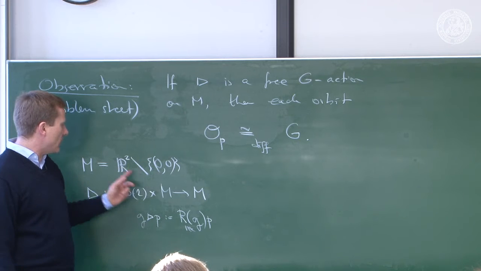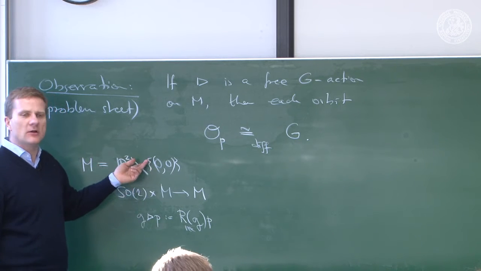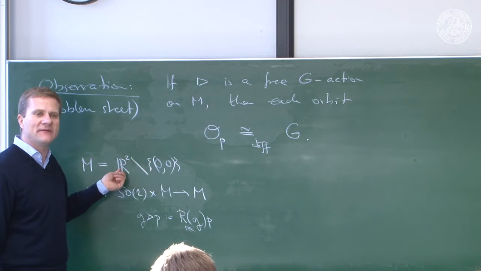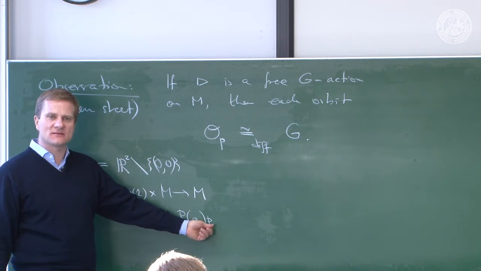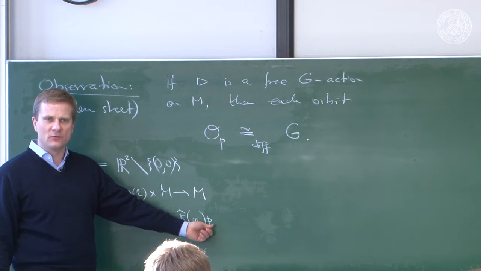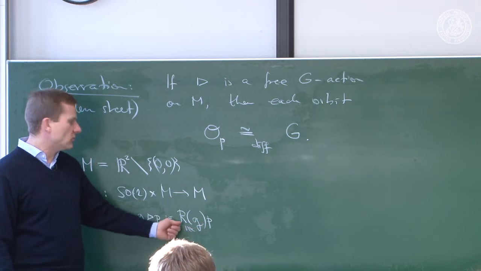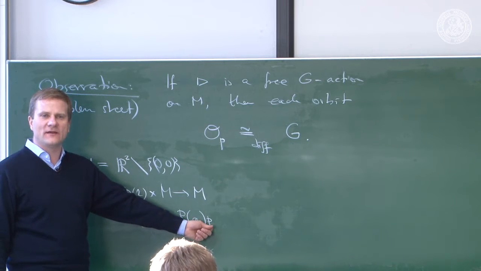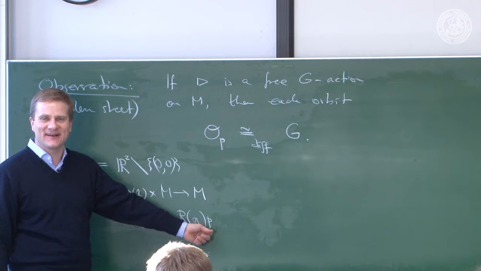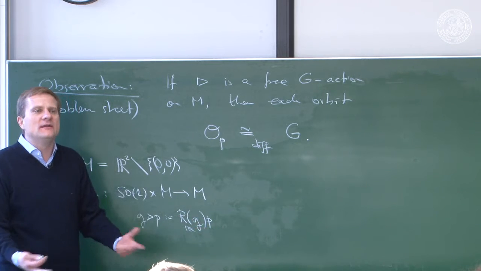But now I took the origin out of this M, so it's no longer a vector space. Of course, I can still act with this on everything, I just removed the origin. But this is no longer a linear representation because it doesn't act on the full vector space anymore. So it's now really only a left action.